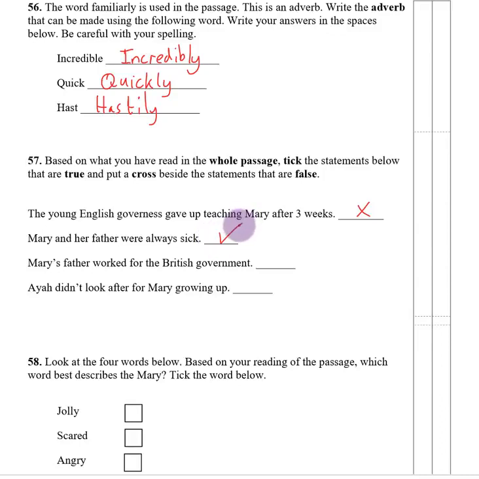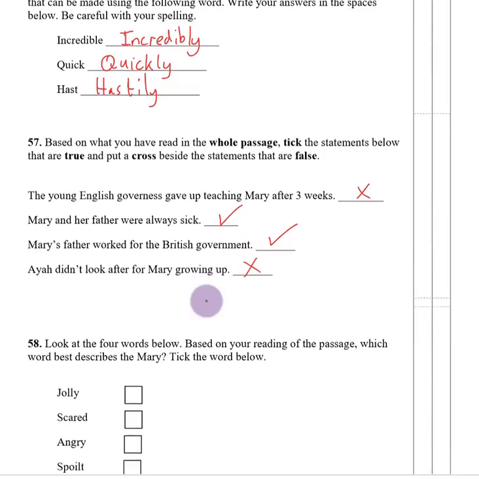Yeah, it talks about them being sick all the time as a youngster. Mary's father worked for the British government. Yes, it talked about that in paragraph 1. And Ayah didn't look after Mary growing up. That's false. She is actually the only person that really looked after her. So you'd have cross, tick, tick, cross. And that would be your answers for that.